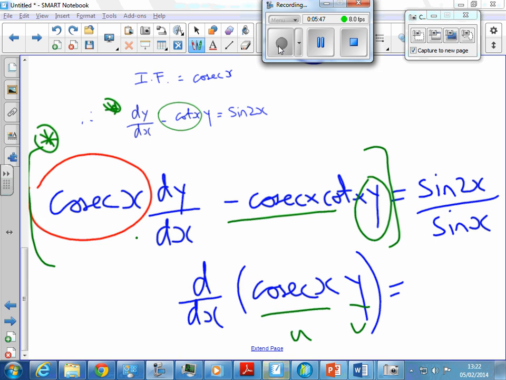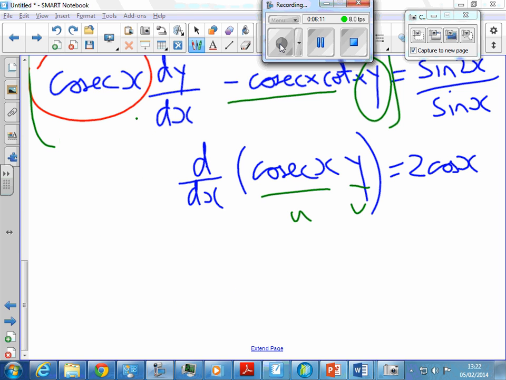Now, I'm not going to waste too much time, but sine of 2x is 2 sine x cos x over sine x. So are we happy to call that 2 cos x? Now, if you're not sure, please see the video on trigonometric identities.